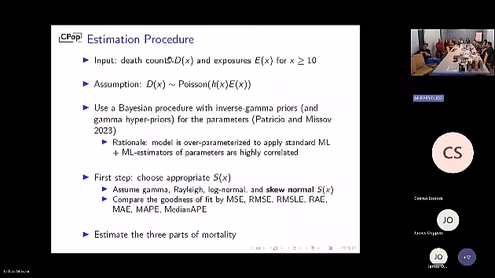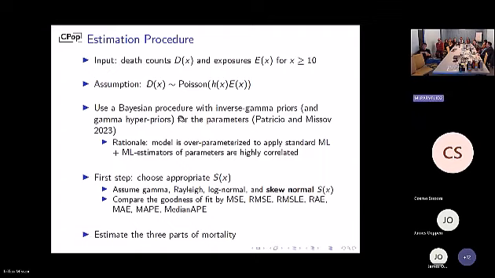Our input data are death counts and exposures, and our assumption is the Poisson assumption about the death counts. We tried also several other options here, namely the Bell distribution, just to control for possible over-dispersion, because in the Poisson setting, the mean and the variance are the same, and data are over-dispersed. But changing the Poisson to a Bell assumption didn't change our findings at all.